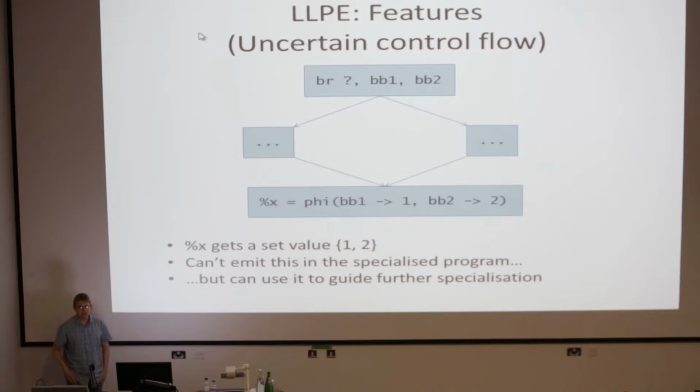So the first big thing we're going to need to deal with is this uncertain control flow problem. We've got a situation where we have some test and we don't know which way it's actually going to go, and then we have this phi node at the bottom which could take two different values depending on which way we went, and during specialization we don't know which way we've gone. The approach that LLPE takes to this is that we will assign a set value to the phi node at the bottom, representing the fact that it can take one of two possible values rather than just being unknown.